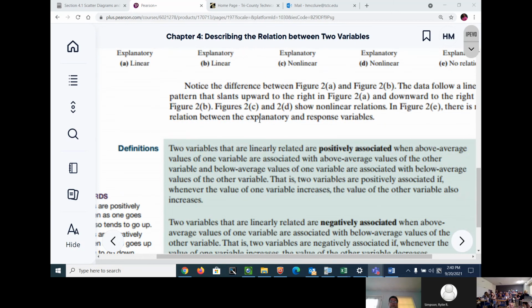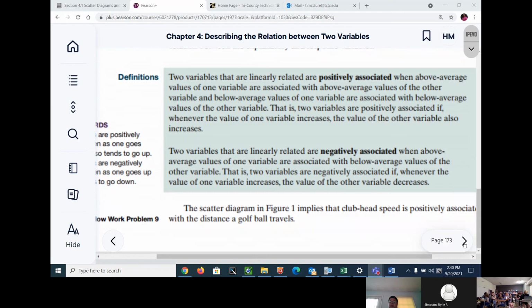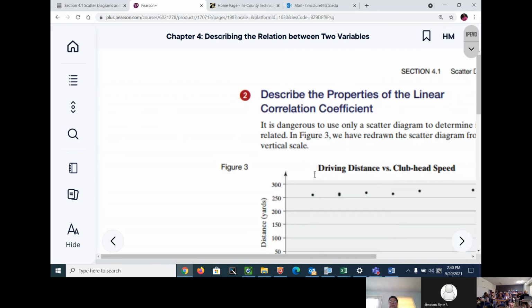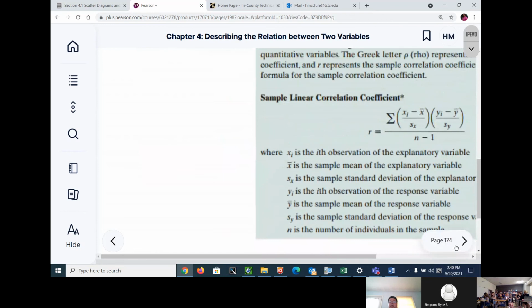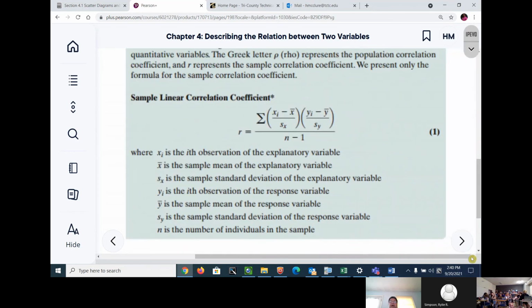Next. This is the math behind finding R. You can write it down if you want to. And I think you can see that you don't want to do that math. So I think you should say, thank you, Hubert, for me not making you do that math.